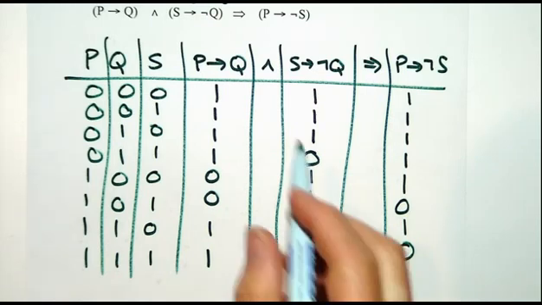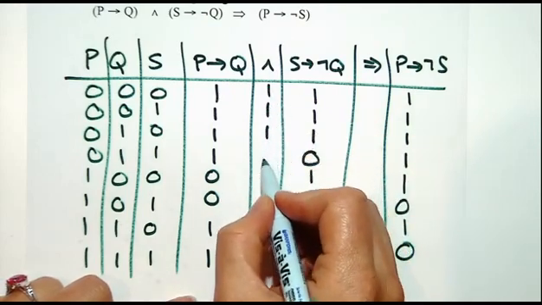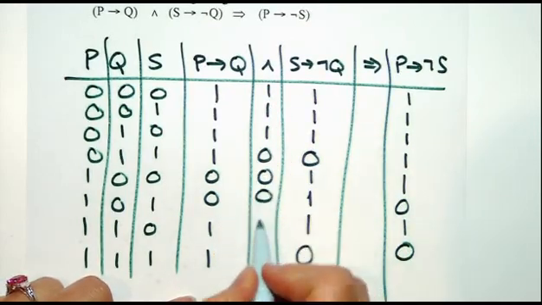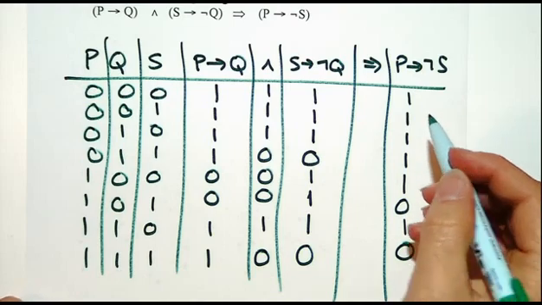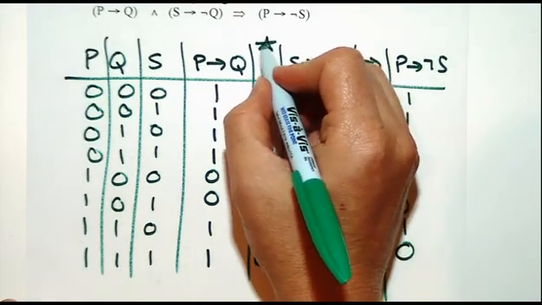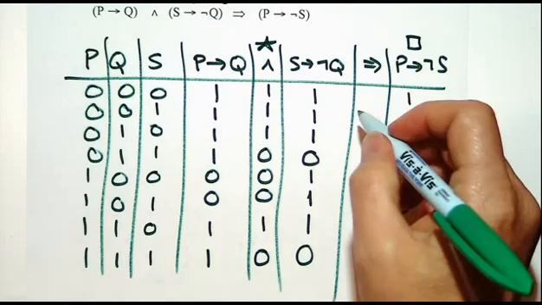All right, then we need to AND these 2 columns together. Very easy. Whenever I get any zeros, remember that ANDs remember zeros. Okay, and then I'm going to check. Star implies square. That's what we're checking.